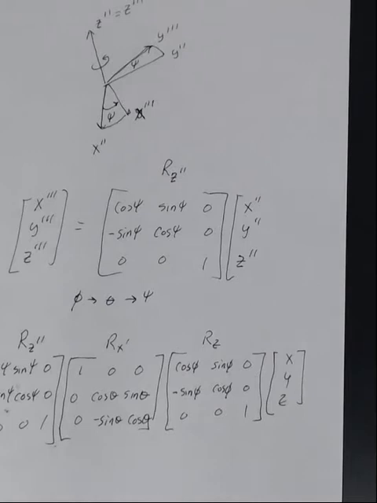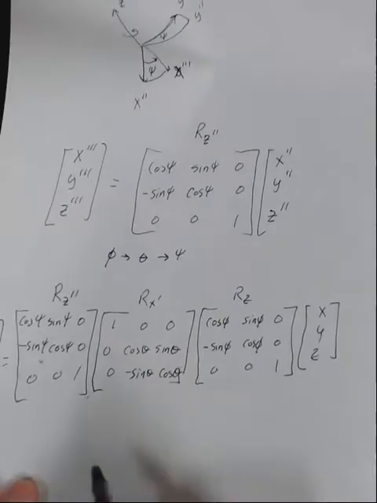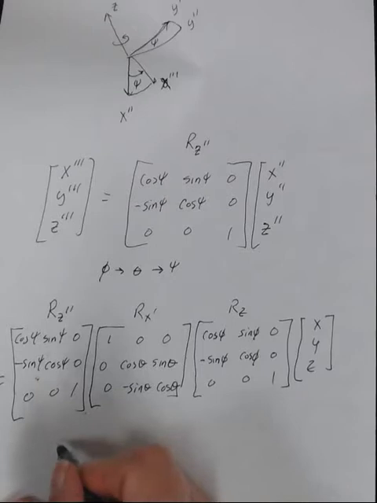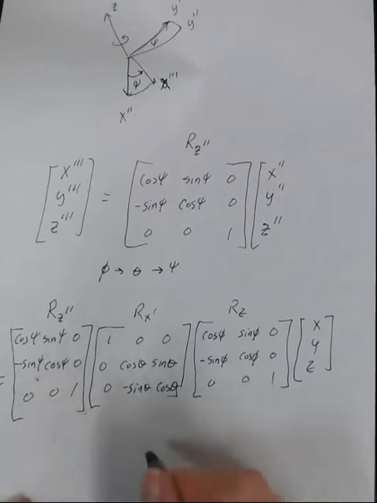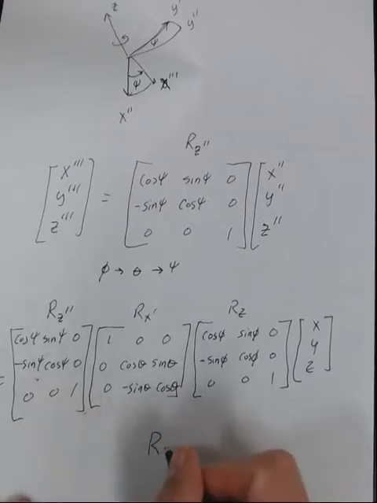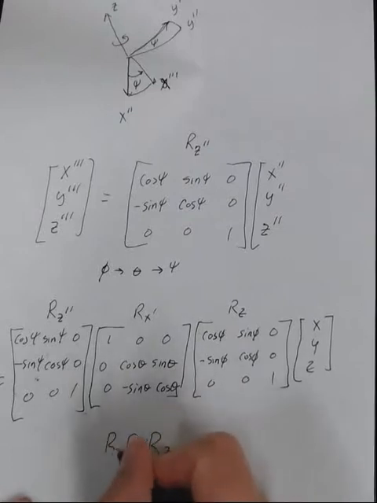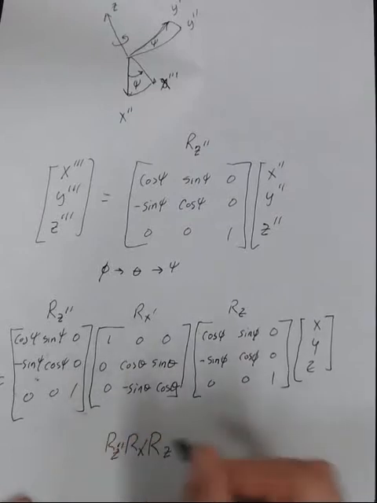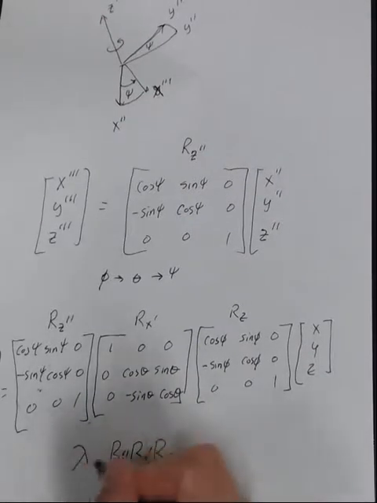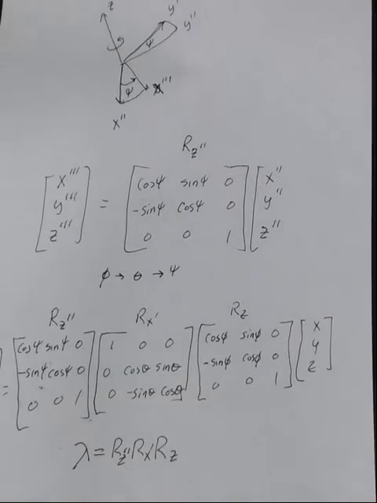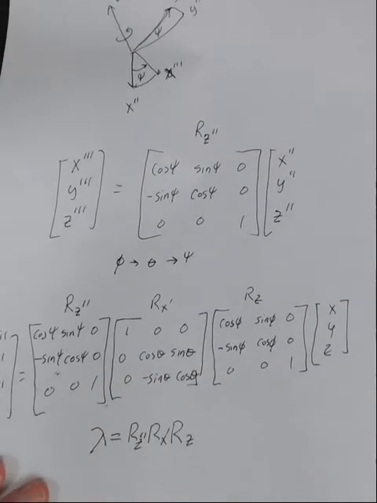Okay, so your author calls the transformation R z, R x prime, R z double prime, he calls that lambda.